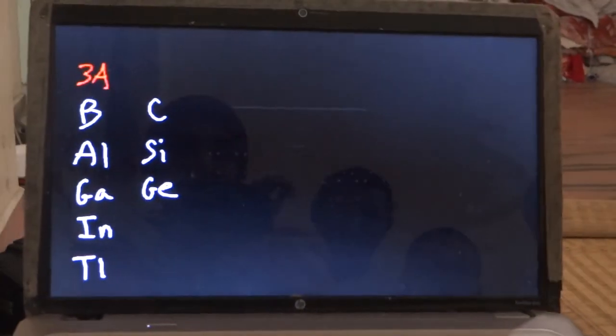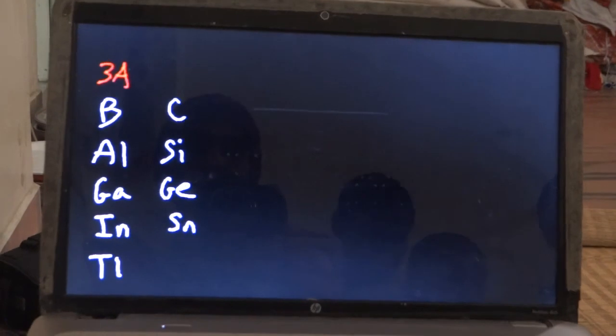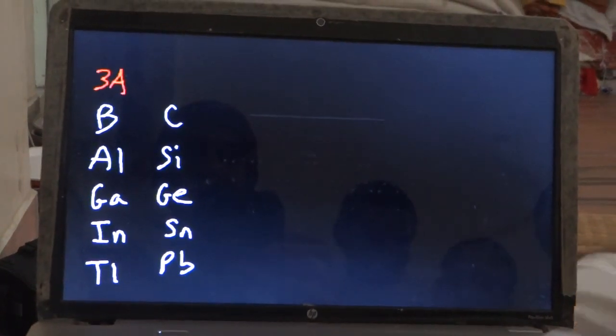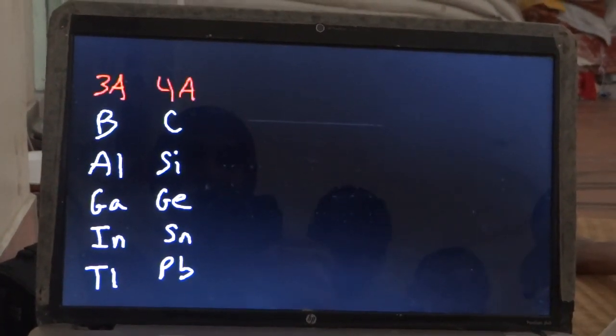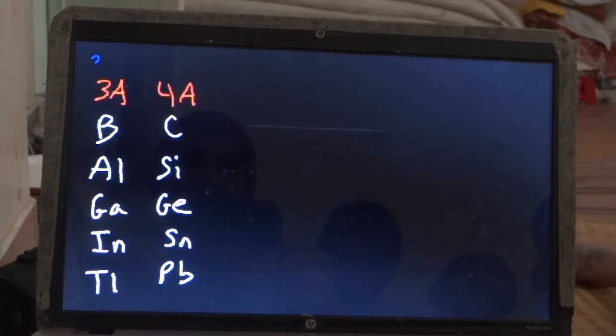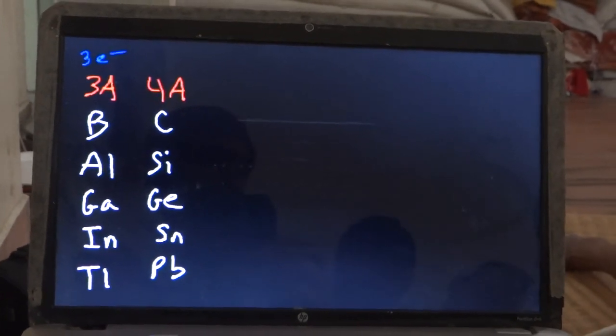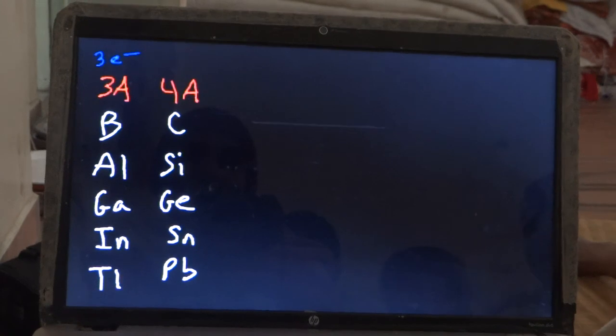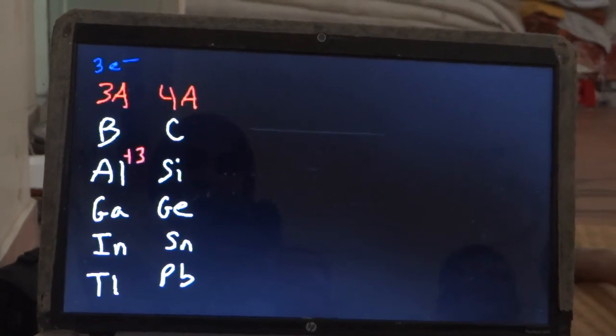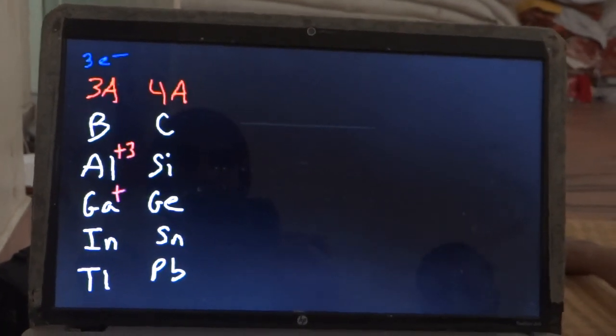Germanium, tin, and lead. This is group 4A. The group 3A elements have 3 valence electrons, and most of them like to form +3 charges. For example, aluminum likes to form a +3 charge ion. Same is true for gallium.